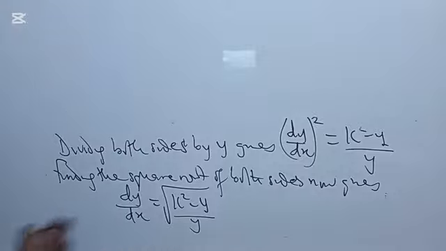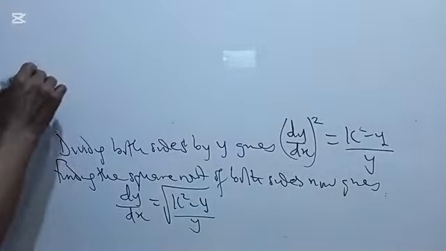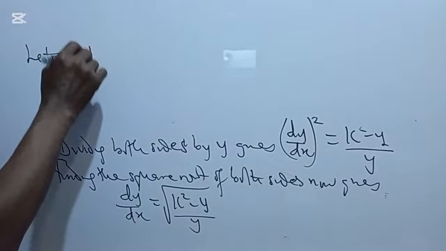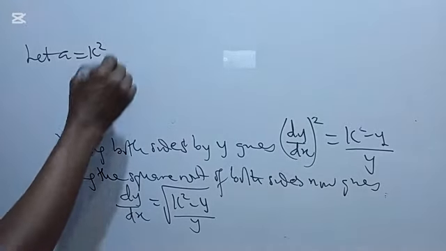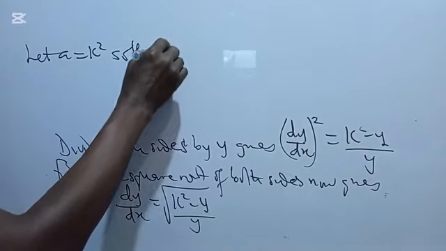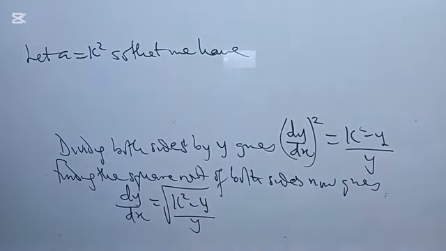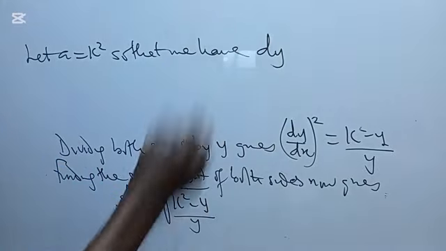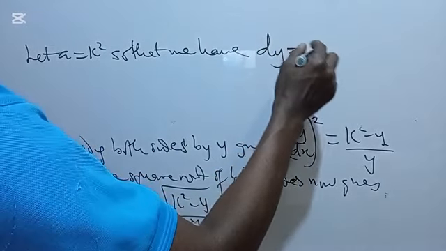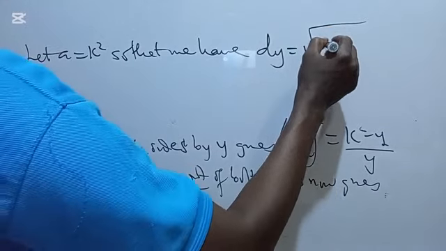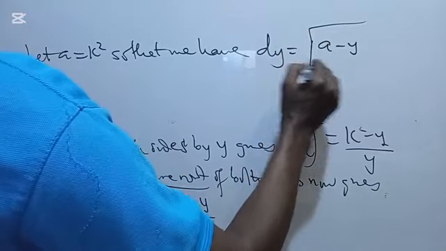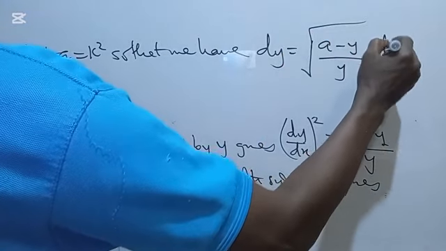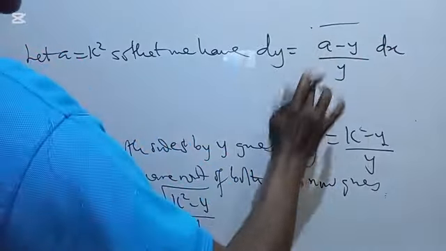So we can say let a equal k squared, so that we introduce another variable to represent that k squared. So that we have dy equals the square root of (a minus y) all over y dx.